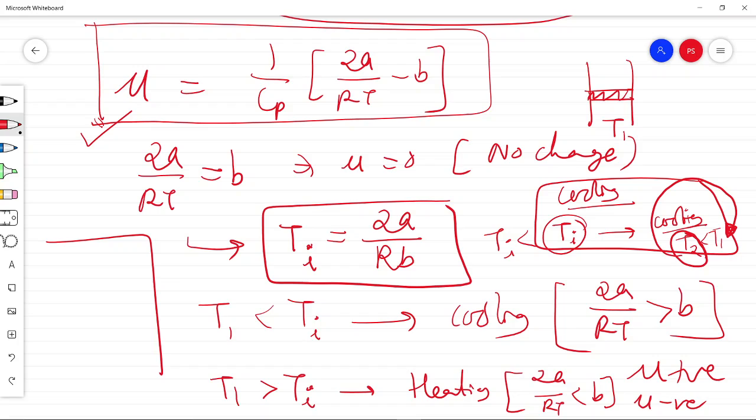So we start with T1 less than Ti, we allow it to pass through to region 2 so that it gets cooled. Now this gas is again fed back into region 1. This already cooled gas has a temperature less than Ti, so when it passes through the porous plug, it is further cooled. If this process is continued repeatedly, every time the gas passes through the porous plug, we achieve cooling.